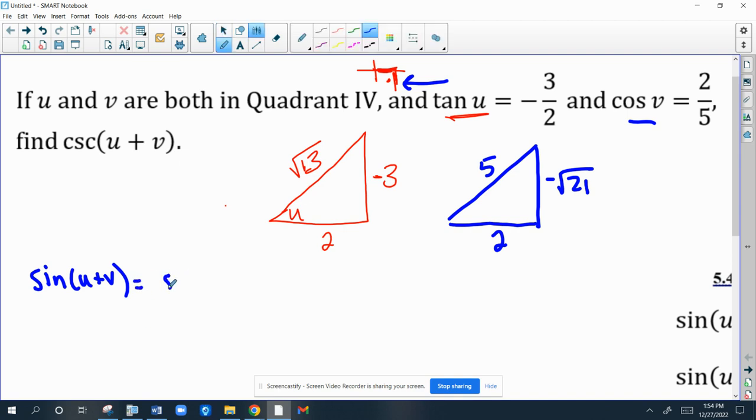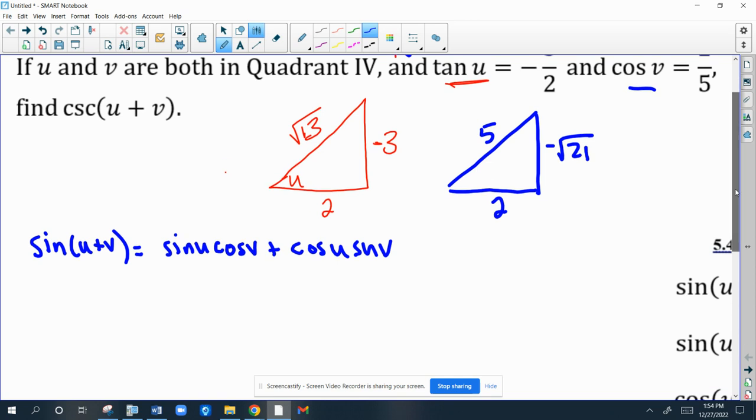So sine u cosine v plus cosine u sine v. So now we're going to just plug everything in. Oh, and I forgot to write v here, which is important because that's my angle v that I'm going to have to refer to up here.